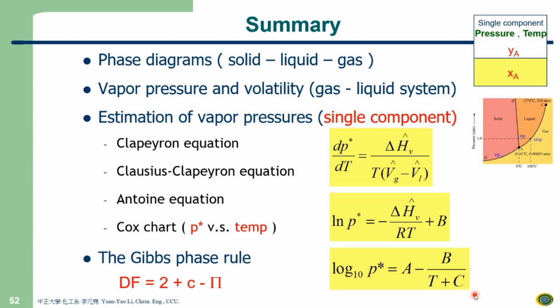But an empirical equation is very different from a theoretical equation. A theoretical equation, for example E equals mc squared, is not found by experiment; you get it through a lot of calculation and mathematical derivation. An empirical equation means you do a lot of experiments and you don't know why, and you fit A, B, C as constants to get a relationship between pressure and temperature. The Antoine equation is a kind of empirical equation.